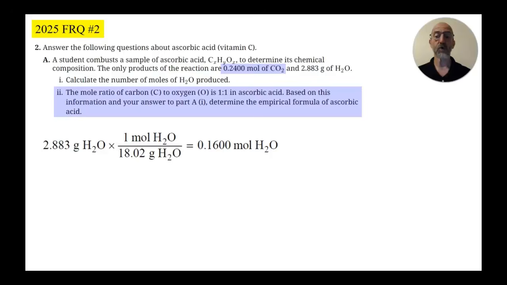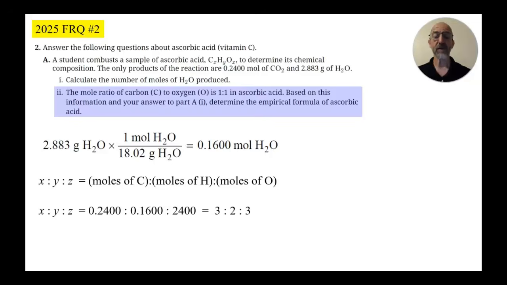Now it says that the mole ratio of carbon to oxygen is 1:1 in ascorbic acid. Now, based on this information and your answer to the first part of the question, determine the empirical formula of ascorbic acid. So here's what the student did.